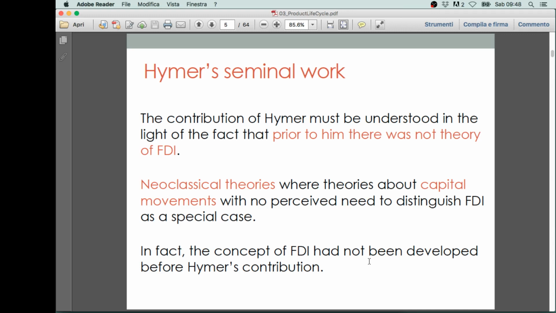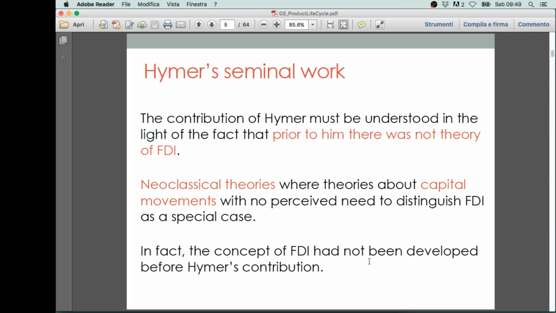The main theoretical paradigm at that time that was used to explain investments was neoclassical theory, which is discussed at a certain point of the book, though we will not cover that part. Just to give you an idea, the main approach in the standard neoclassical theory was to explain international investments across countries in terms of differences in interest rates.